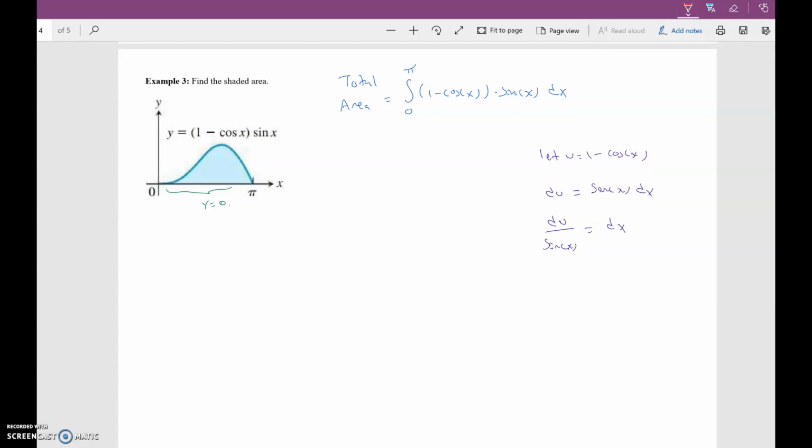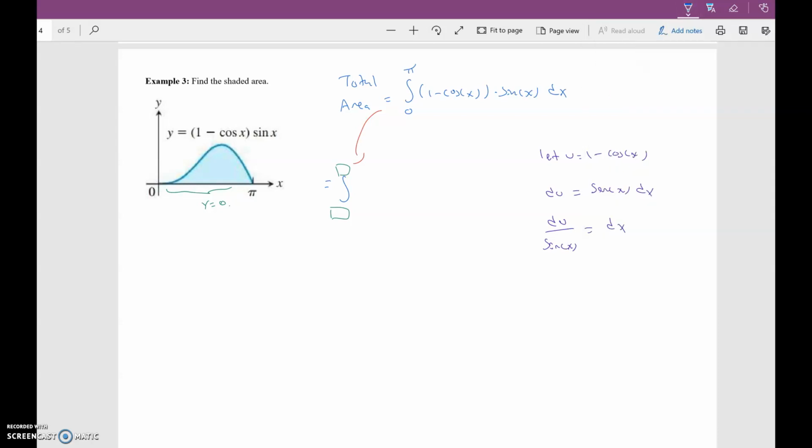We'll substitute the limits in a minute. Let me just rewrite the integral to ensure that it is going to work as a u substitution. So it's going to be the integral, and then we'll replace these values in a minute.